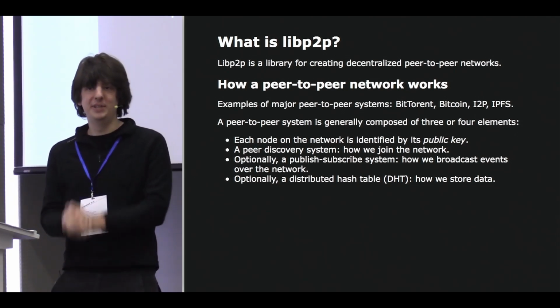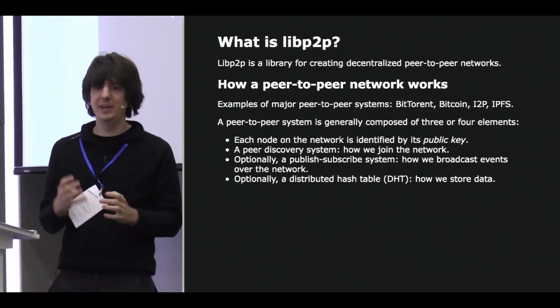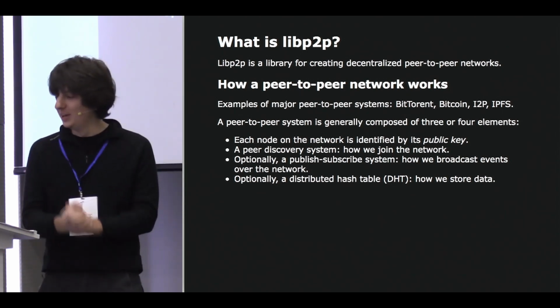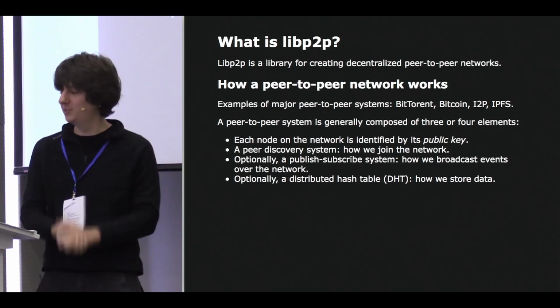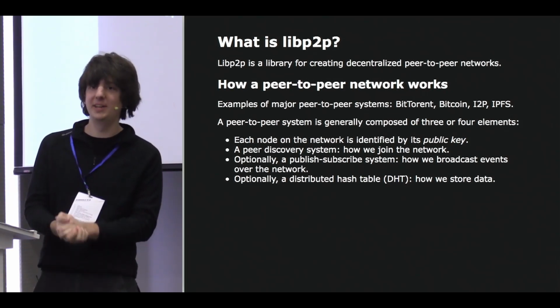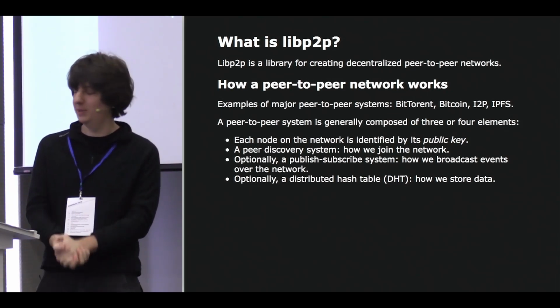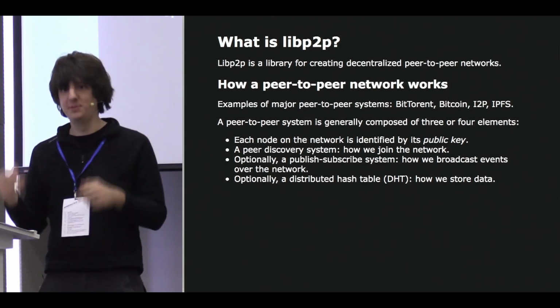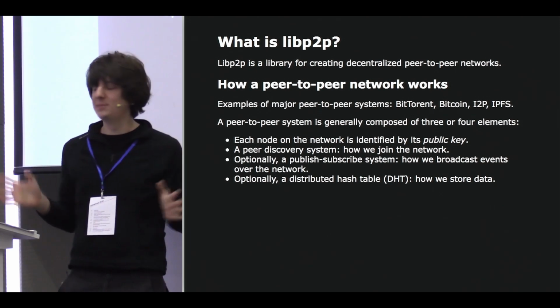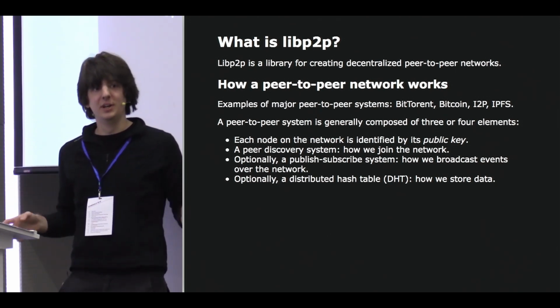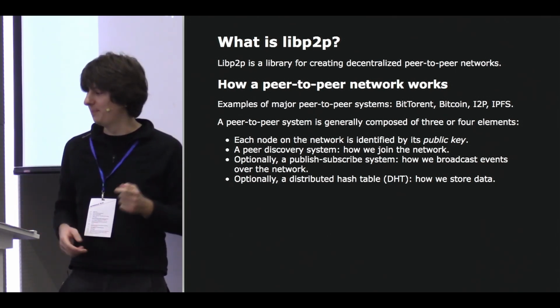And so, how does a peer-to-peer network work? It's made of 4 components. First, each node, each machine that connects to the network, is identified by its cryptographic public key. And I'm going to elaborate afterwards. Second component, you need some system to discover how to connect to the network.